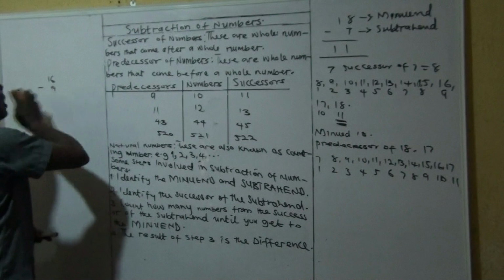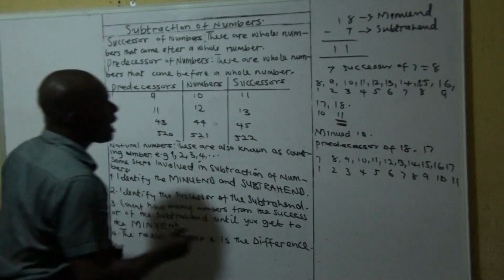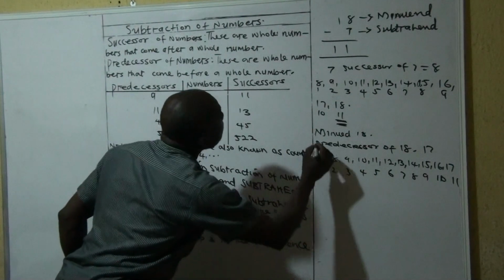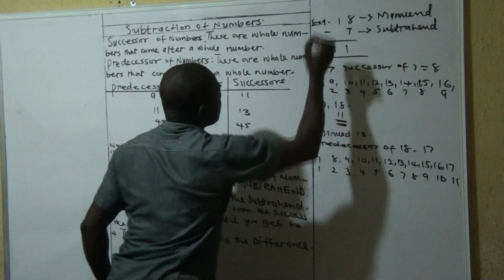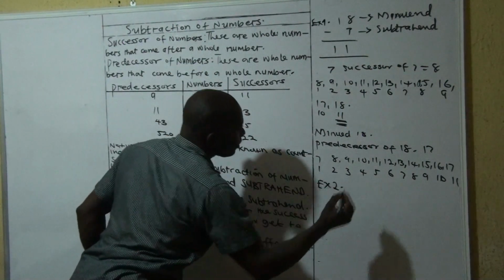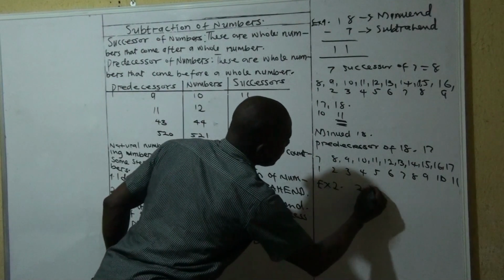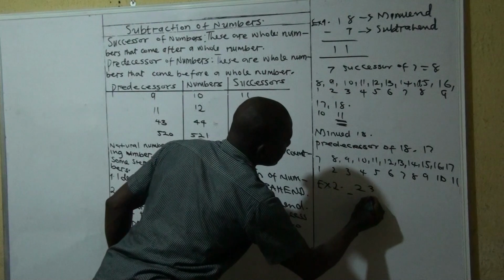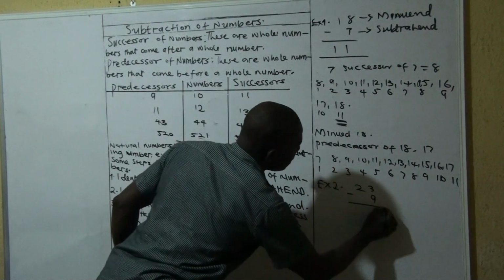Okay, let's look at another example. This is example 1, and now we have example 2: 23 minus 9.